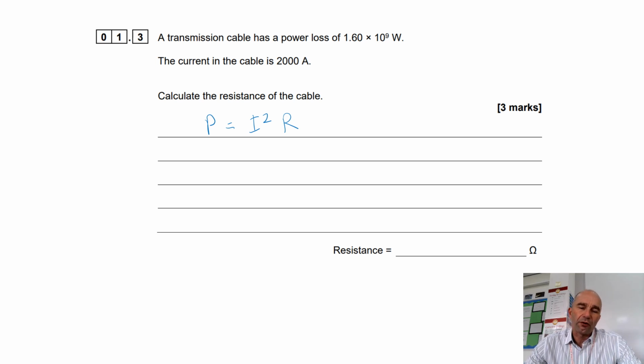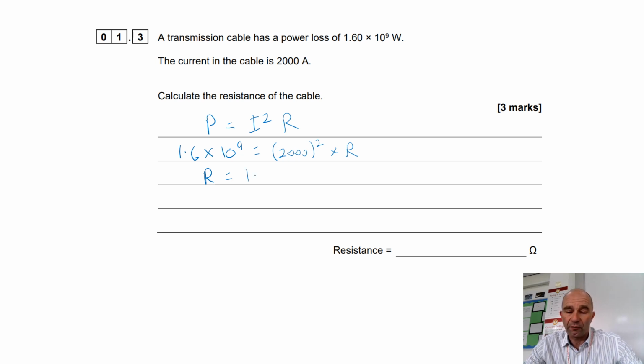We now need to substitute in our numbers. We're given the power is 1.6 times 10 to the power of 9. That equals I squared, so that's going to be 2000 squared times R. We've got our first mark just for substituting in the numbers correctly. The second mark comes from making the resistance R the subject of the formula.